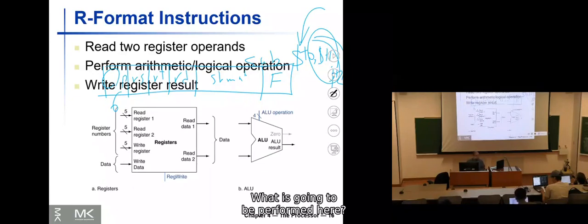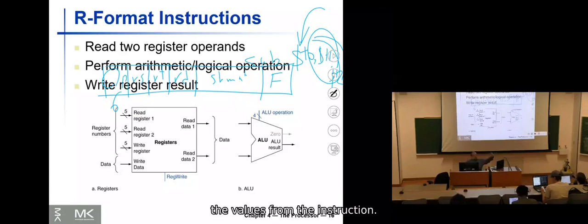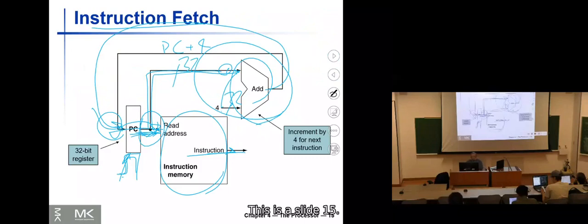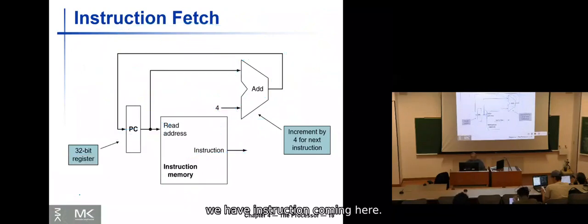This instruction, what is going to be performed here, it needs for sure the register file, and the values from the instruction. Remember, let me show you. Okay, this is slide 15. In slide 15, you see that up to here, we have the instruction coming here.